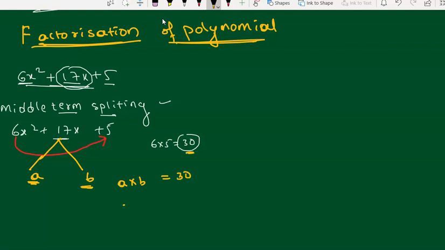And either the sum or the subtraction of these two numbers should give me the coefficient of the middle term. What is the coefficient of the middle term? Plus 17. I have to get this. In that manner you have to split the middle term.